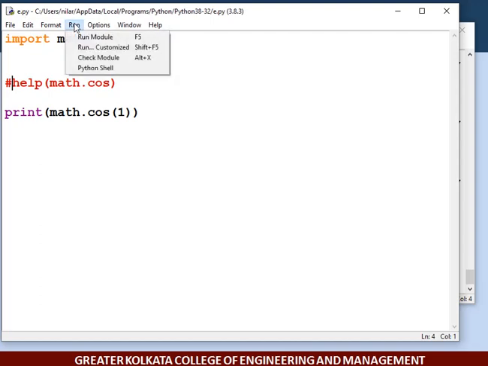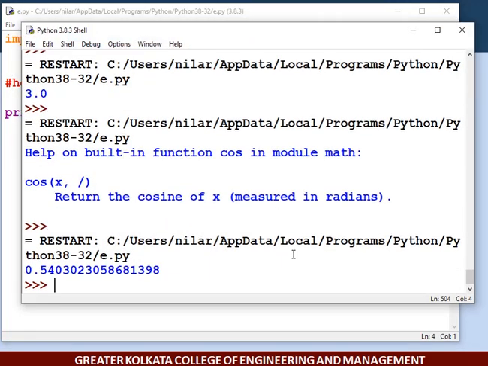Now run this code. That will be 0.540 in radians. Okay, that is in radians. And there are other trigonometric functions also, like cos, sine, tan. These are all the trigonometric functions available in Python.